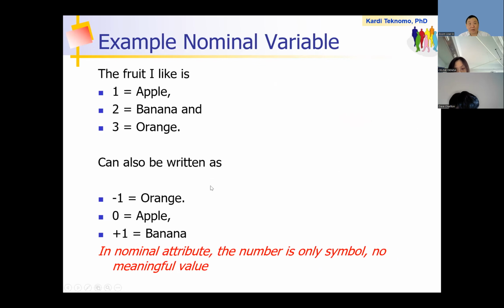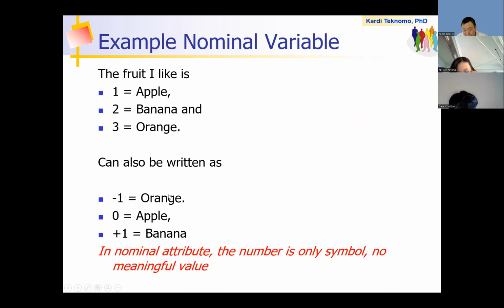I give you example. For example, the fruit I like is either apple, banana, orange. I can assign any numbers, 1, 2, 3, or I can assign orange is -1, 0, and +1. So the actual number does not matter because this number is just a symbol to represent that name.